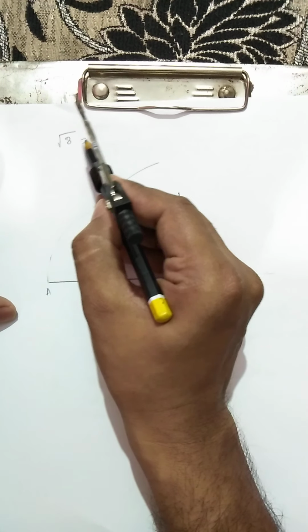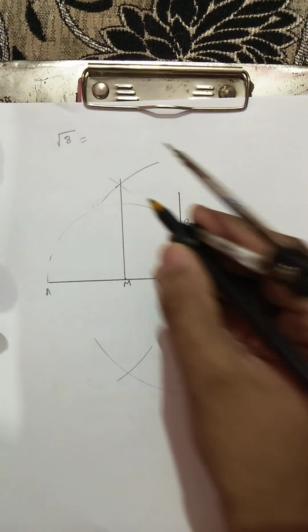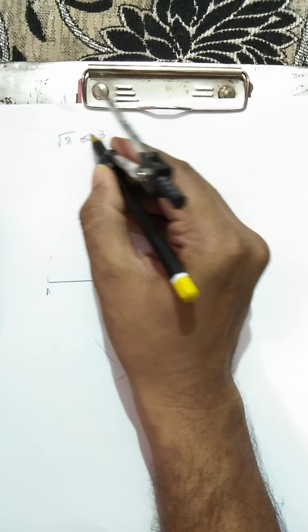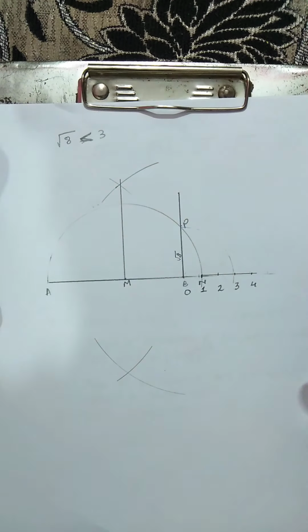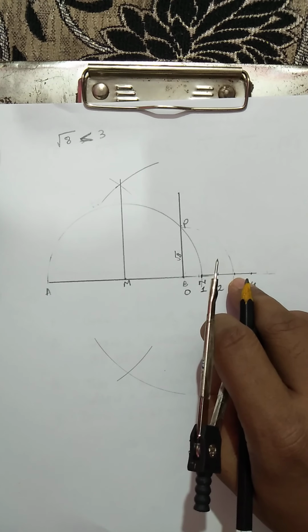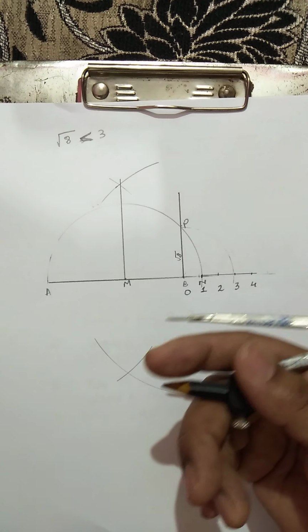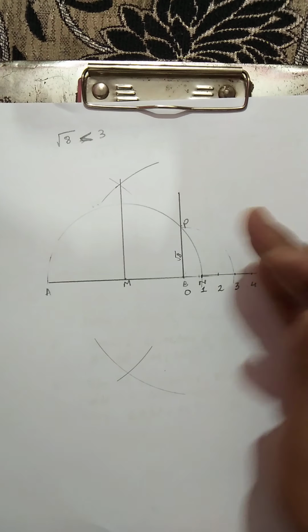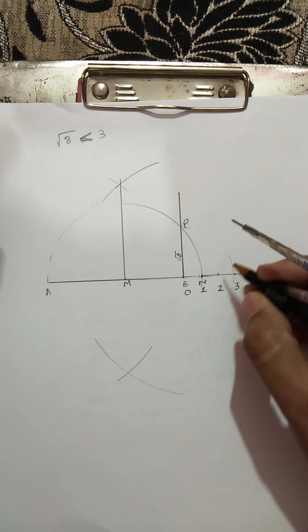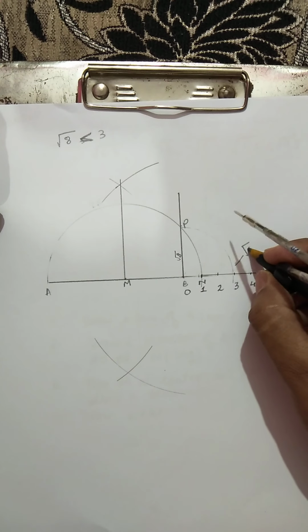If it were 9, then the answer would be exactly 3. But since it is less than 9, the answer will be less than 3, though very small. Sometimes your plotting will come exactly on 3. It's not a worry, because we are using pen and paper, so it can be 3 or less than 3, but ideally it should be less than 3. So this point is actually your root 8.